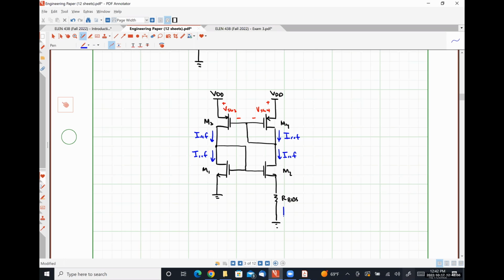So that exact same reference current, IREF, flows down through our biasing resistor.